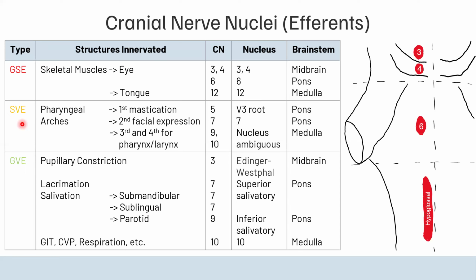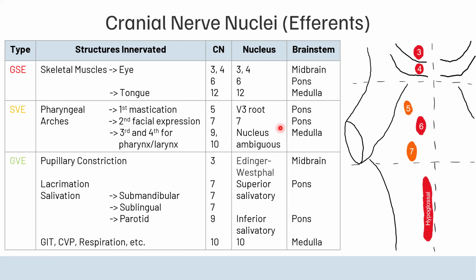Next up, we had our special visceral efferent. Whenever I'm talking about special, then I'm referring to the pharyngeal arches. We said that the first pharyngeal arch was for mastication, which was supplied by the V3 root of trigeminal, and this is located within the pons. It is one small motor nucleus. Then we had the second pharyngeal arch, which is responsible for facial expression, and this is supplied by the facial nerve.